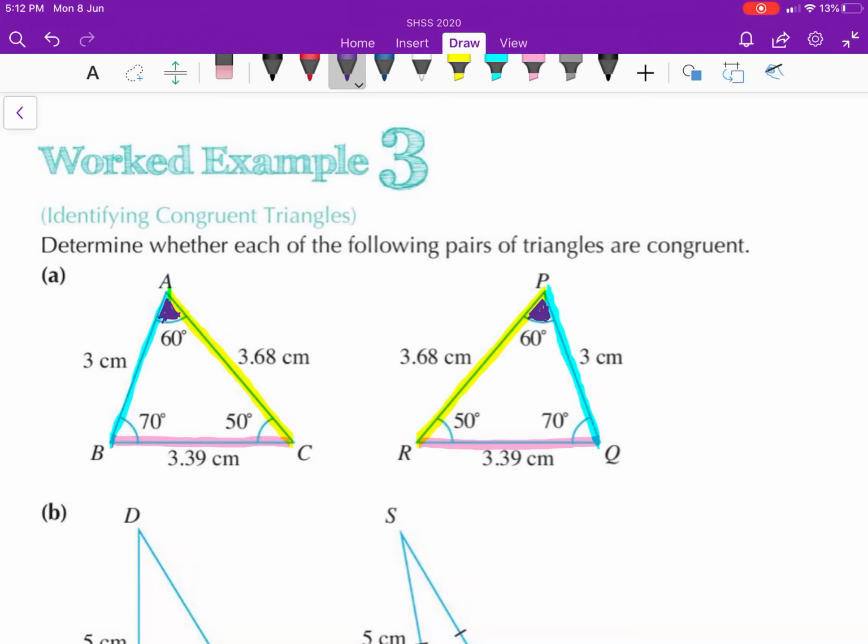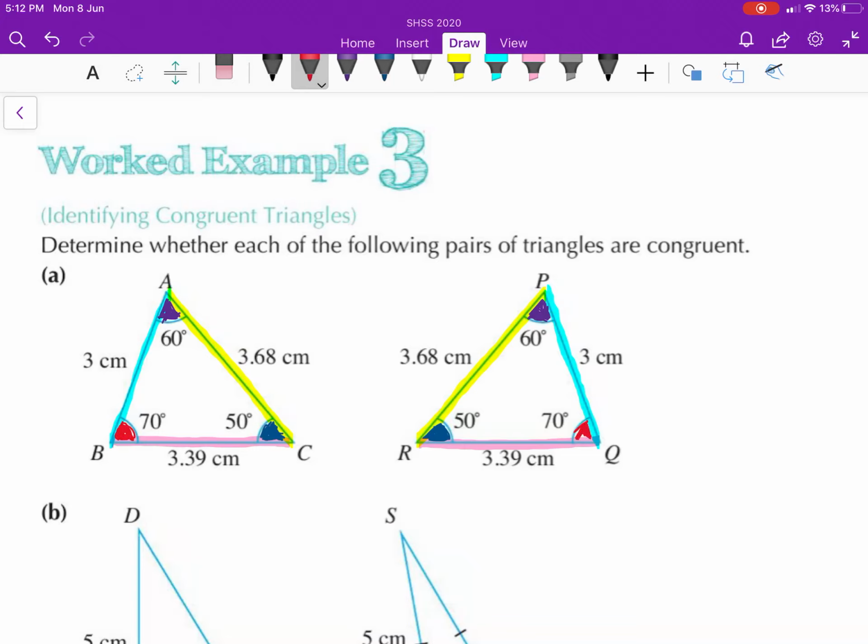Okay, this 50 degrees, I'm going to use a blue color. This 50 degrees is the same as this 50 degrees. This 70 degrees is the same as this 70 degrees.